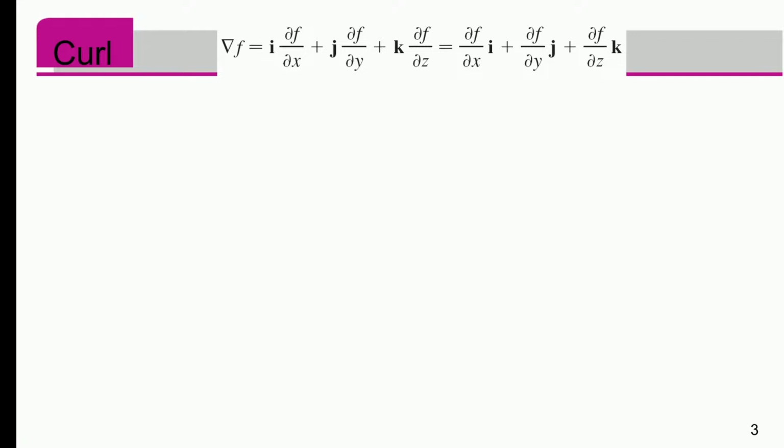And the way that this operator works is we're going to just take the partial derivative of whatever it is that we're going to pump into this. So just like the gradient, we're going to take the derivative, if you will, for each of those and make a sort of a gradient out of this. You might think, well, that is the gradient, but we're going to use this in a little bit different way.